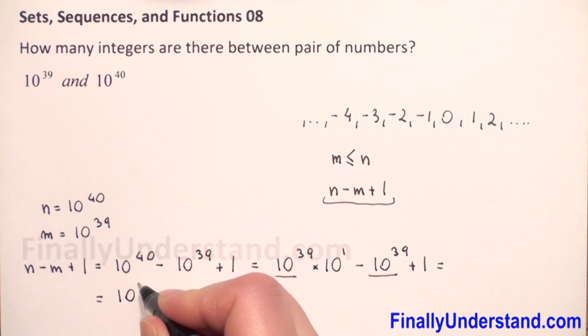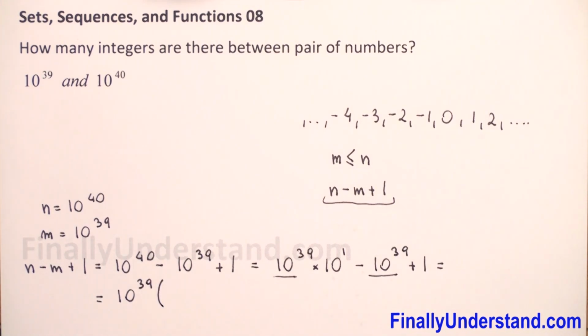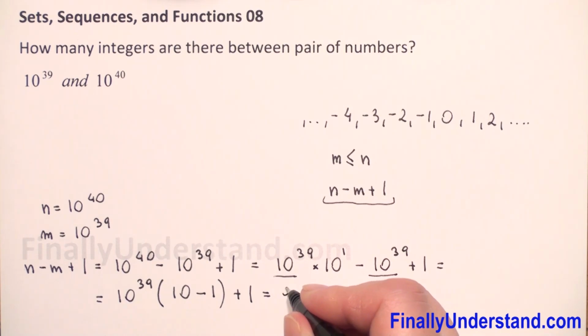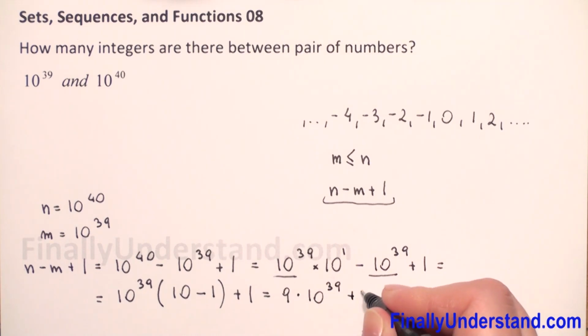So we have 10 to power 39 before parentheses, and in parentheses we have 10 to first power, so this is 10, and we have minus 1, and at the end we have plus 1. 10 minus 1 is 9, so we have 9 times 10 to power 39, and we have to add 1.